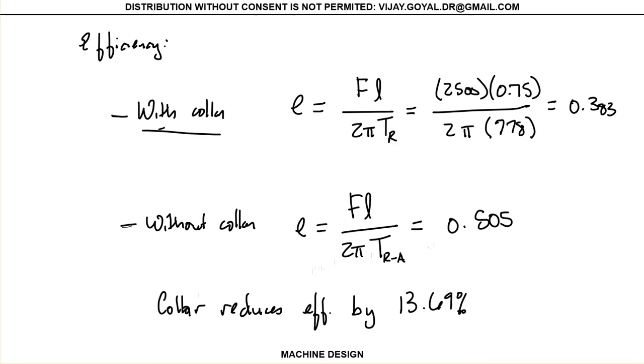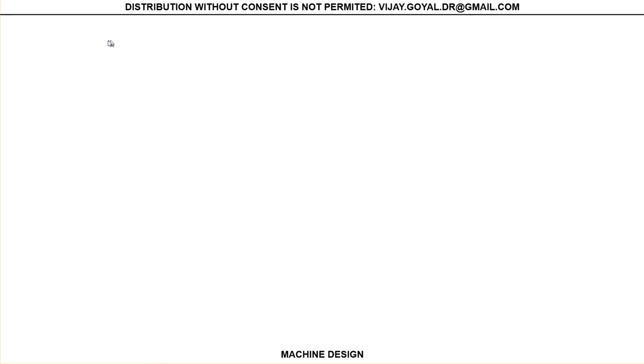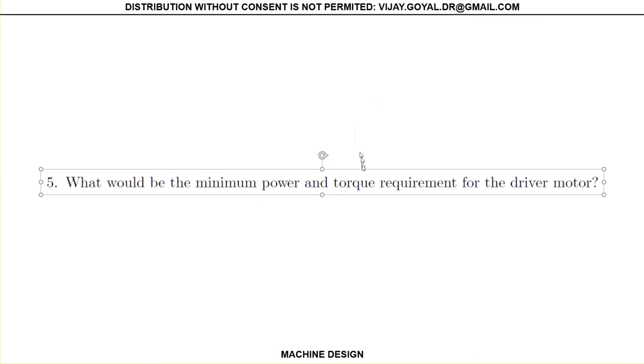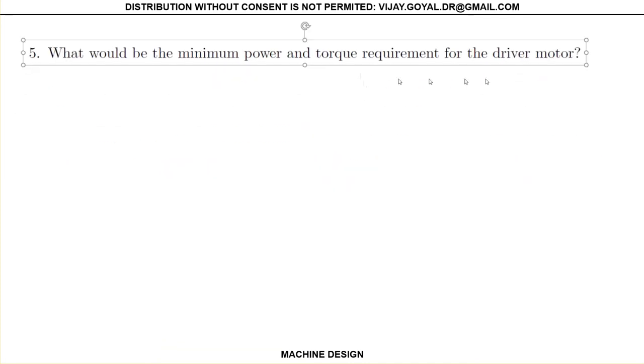Okay. Now, the very last question in this problem is, what is the minimum power and torque requirement for a driver motor? So let's suppose I have a driver motor and I would like to replace all this with a driver. My question for you is, what should be the minimum requirement for that engine, the small motor that we're going to use?